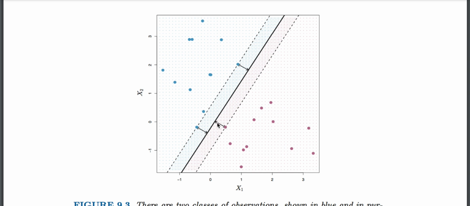So it will reduce the maximum margin. So the largest margin happens when this hyperplane is in a place such that the distances to the closest points are equal. So this distance is equal to this.